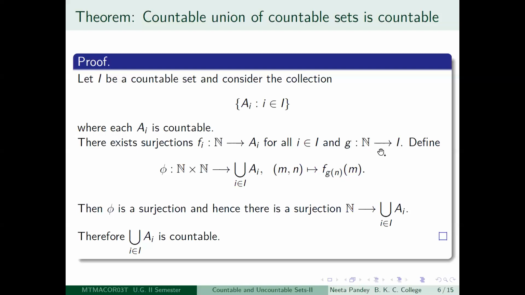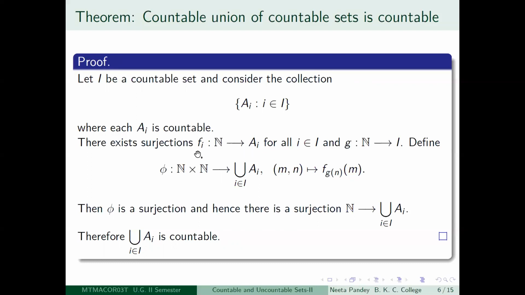Suppose, instead of I, if I had N, say for example, then I would have A_1, A_2, etc., something like that. So if I look at (m, n), then first you look at where g of n is going. So g of n will be some index, and corresponding to that index you look at the mapping f of g(n).